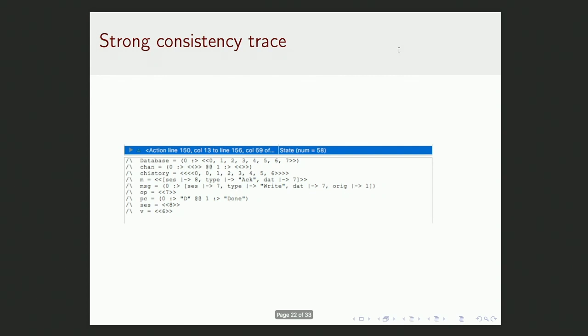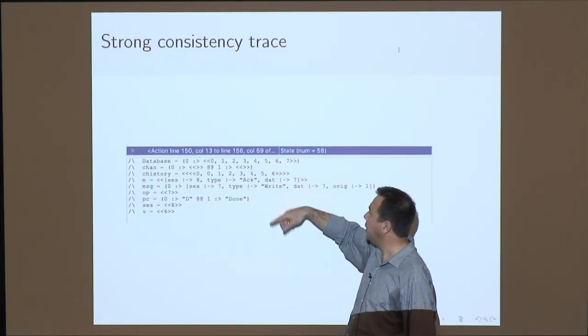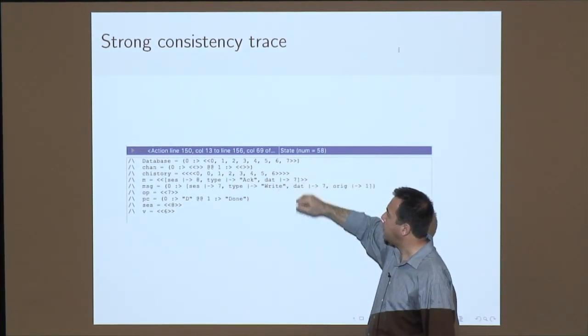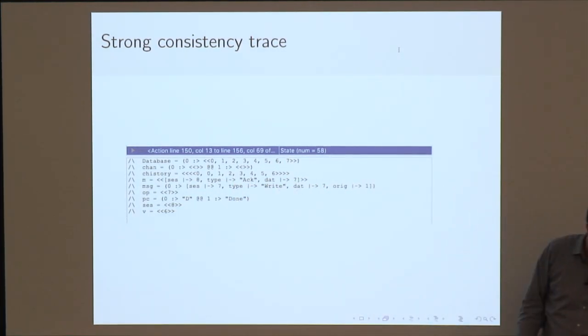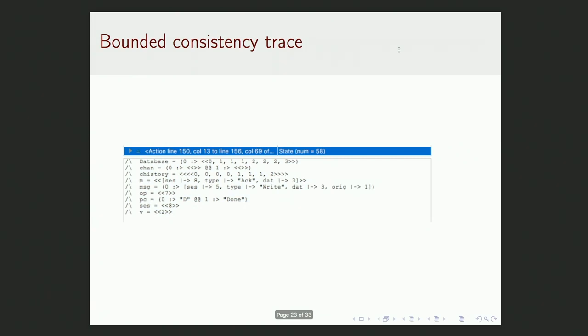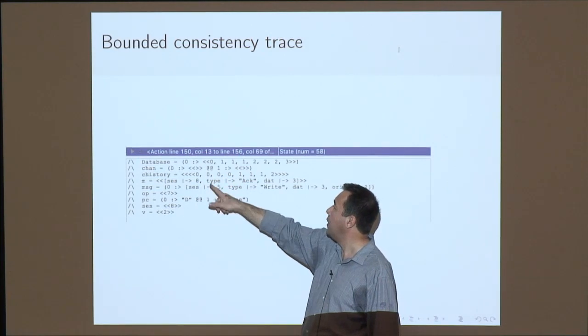And then these are some snapshots from what the model checker spits out. For strong, we see that, yep, the database is written consecutively, and C history matches that. But for bounded, for example, what happens is this reads 0, writes 1, reads 0 again, because bounded means the last 2, with k equal to 2, right?